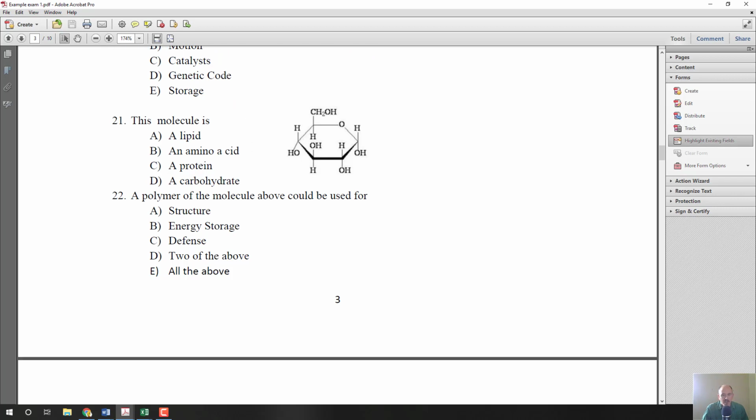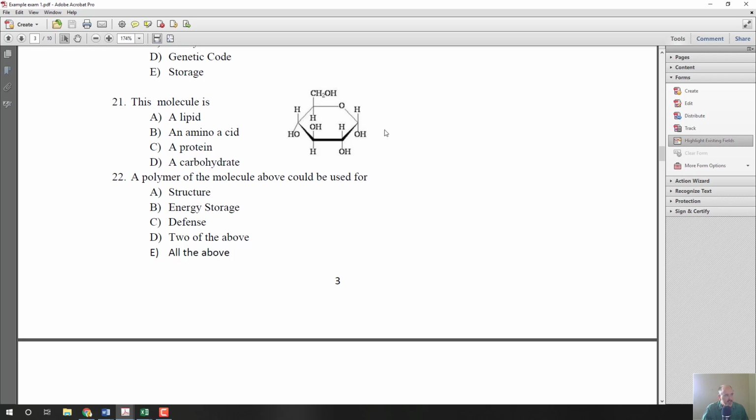Number 21, this molecule is what? That molecule is not a lipid, it's not an amino acid, it's not a protein, that is a carbohydrate. In fact, it is a monosaccharide, right? That's glucose, it's a monosaccharide. And you could look at it here, and this OH is down, you could say, oh, that's the alpha form of this molecule. So if you put a bunch of them together, they would make energy storage.